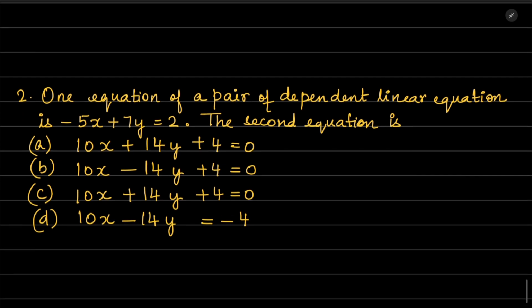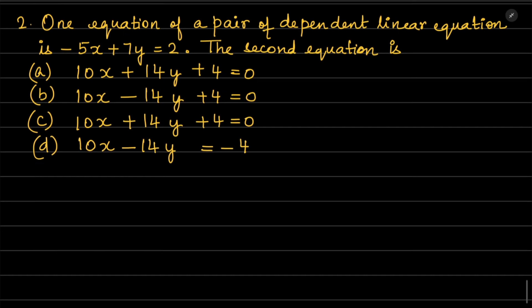So let's move on to the second question. One equation of a pair of dependent linear equations is this. What will be the second equation? Now, what is the condition for equations that are dependent on each other? That means it's the scenario wherein the lines are coincident or overlapping. It has infinitely many solutions.